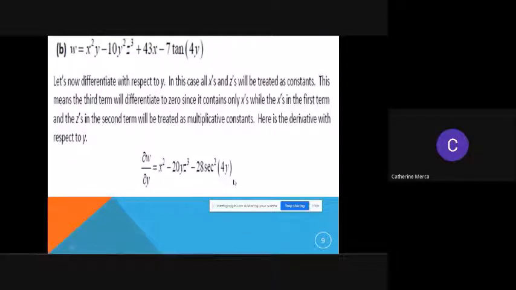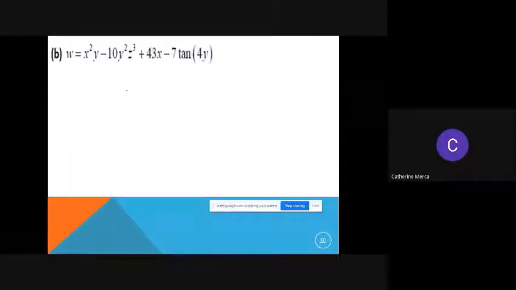Take a look at the next problem. This time with respect to z.